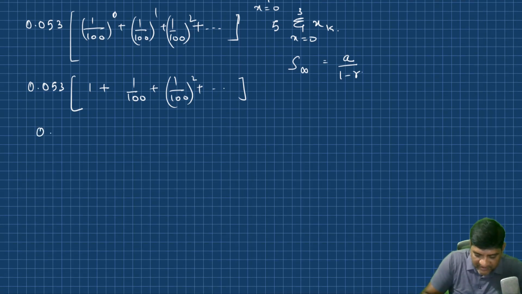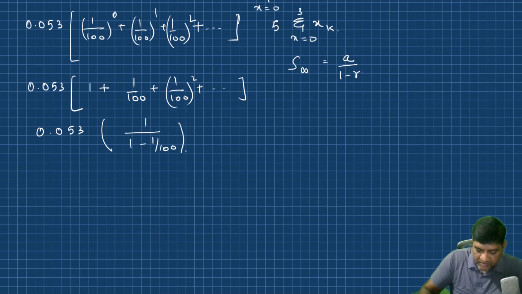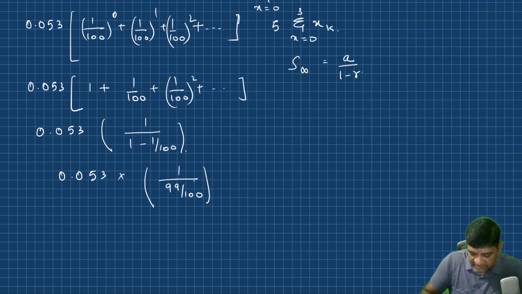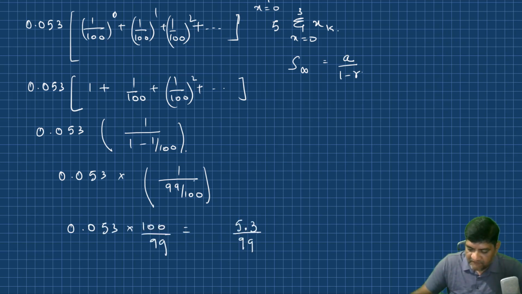So this can be written as 0.053 times 1 divided by 1 minus 1/100. So this is 0.053 multiplied with 1 divided by 99/100. We reciprocate it, so what I remain with is 5.3 divided by 99, or I can write this as 53 by 990.